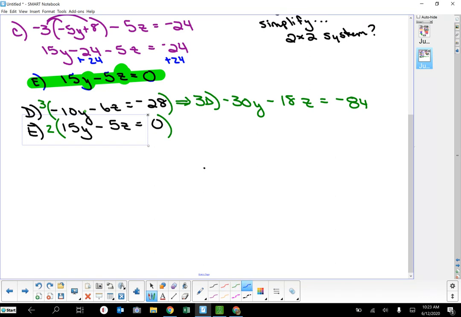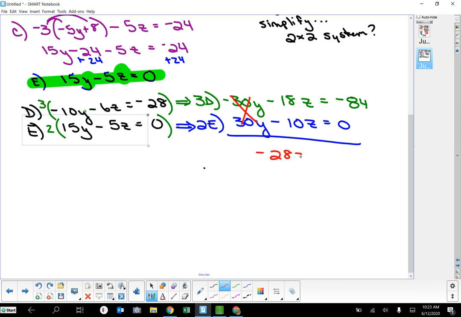And then this is going to be 2 times E, and this is going to be 30y minus 10z equals 0. Add down. We're going to get a negative 28z equals negative 84. And 3 times 28 was 84 from that other problem. So when we divide by a negative 28, divide by a negative 28, we get z equals a positive 3.